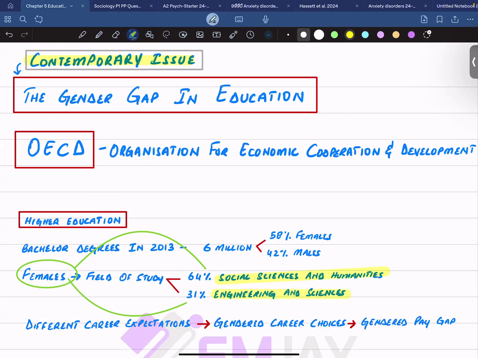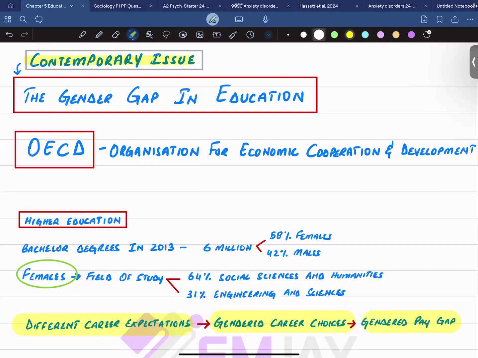So, again, this is quite a difference, which is a projection of how there are different expectations from females as compared to males. Now, let me remind you again for the last time in this lesson, the career expectations you have lead to the career choice you make. The career choice you make leads to the gap in terms of your gender.